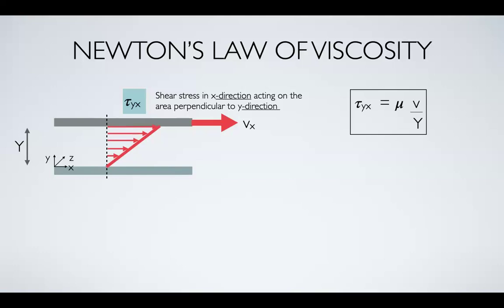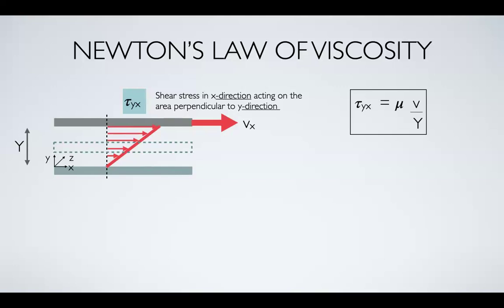Since in transport phenomena we look at things at a specific point, we can define a small area, or we can define a system, like right here. This is the liquid between the two plates.